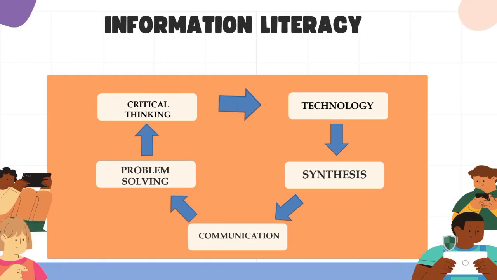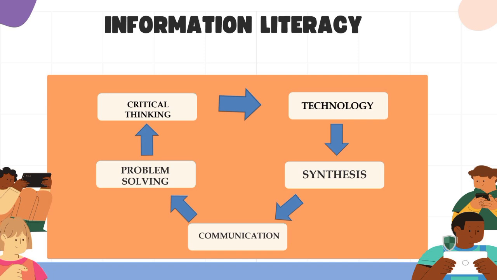So in information literacy, there are also five processes. First, technology, where we could see information, where we could read information. The next is synthesis. Upon seeing and reading the information, we will have the synthesis, the summary of the context or the information that we are reading. The next is communication.